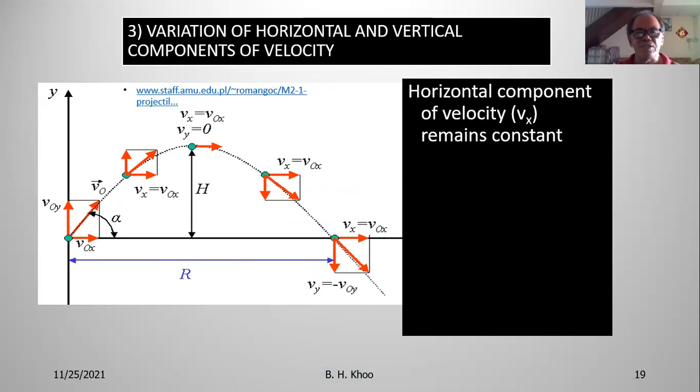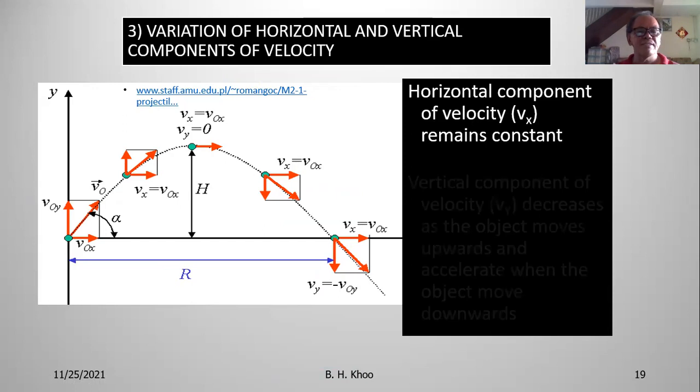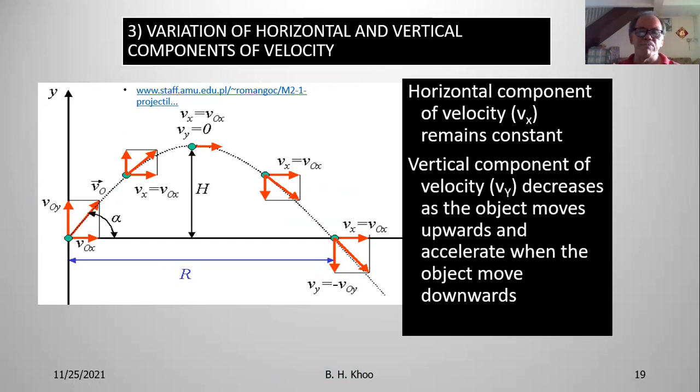The thing to know is the horizontal component of velocity remains the same, no air resistance. Vertical component of velocity Vy decreases as the object moves upwards, decelerates, and then it accelerates when the object moves downwards.